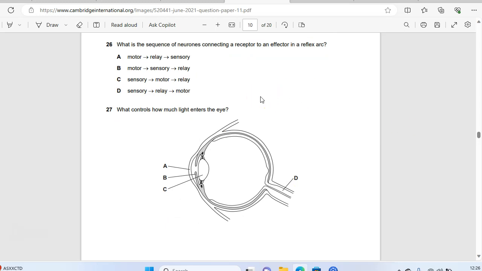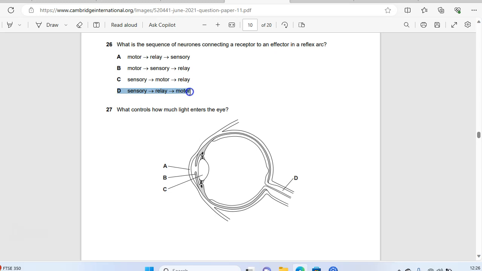Question number 26. What is the sequence of neurons connecting a receptor to an effector in a reflex arc? First of all, your sensory neuron, then your relay or interneuron or mixed neuron, then motor neuron.